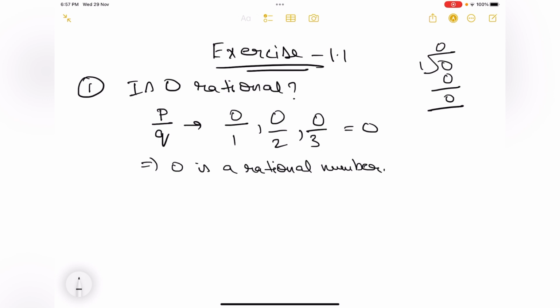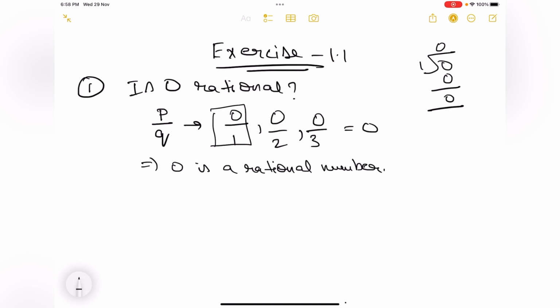So we answered both the questions. You can write any one of these, 0 by 1, 0 by 2, 0 by 3, where p and q are integers. And yes, 0 is a rational number. That is the first question.